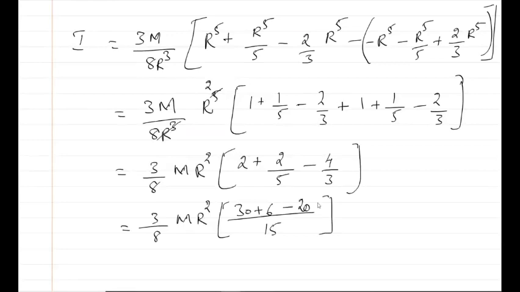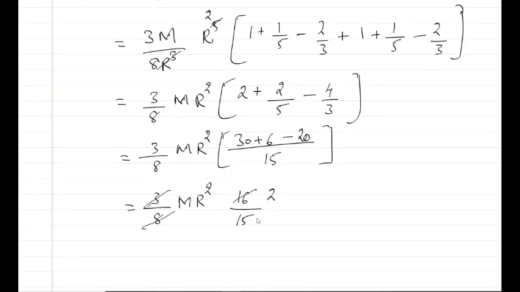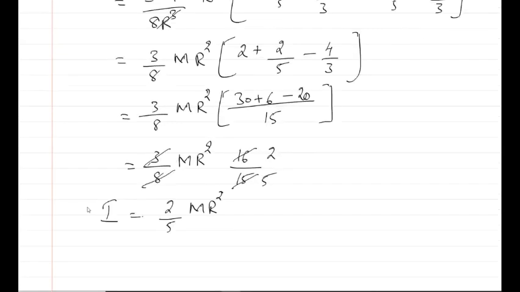So what do you get? 36 minus 20 is 16. So you get 16 by 15, and you can cancel this 2 times, and you can cancel this 5 times. So you get 2 by 5 mr square. So that will be your I, the moment of inertia of a solid sphere rotating about its diameter. Okay, that's the end of this one.